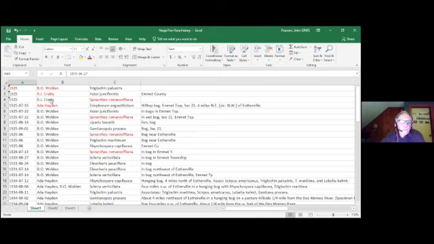First, let's start off with the year. The earliest collection we discovered during our herbarium search was 1925 by B.O. Walden. B.O. Walden was an author of the Flora of Emmet County and a very productive botanist back in the early 1900s.